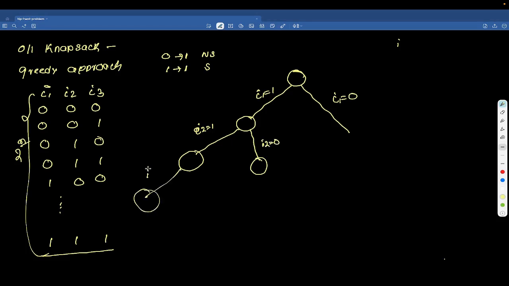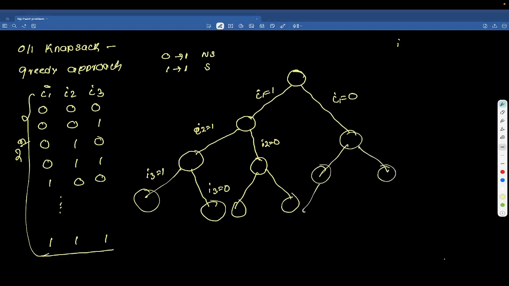So on this side item 3 is selected, item 3 is not selected, and this side also we will have the same structure. So here it is item 3 is selected, not selected, selected, not selected. Here also item 2 is selected, here item 2 is not selected.